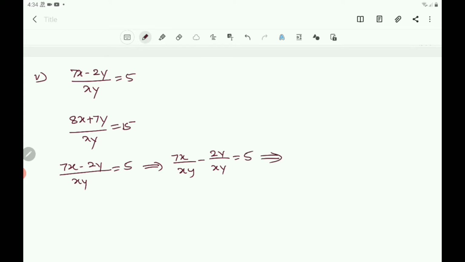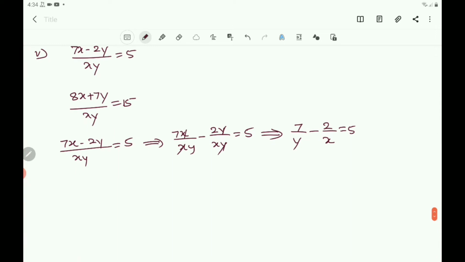This can be written as: in 7x by xy, x cancels, you will get 7 by y; minus, here y cancels, what is remaining is minus 2 by x, equals 5.